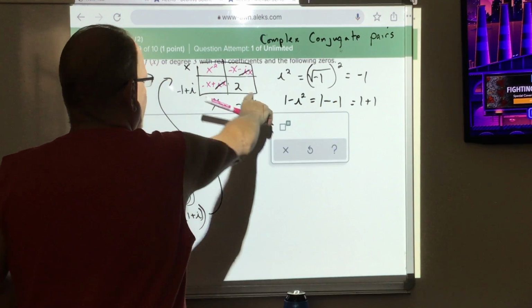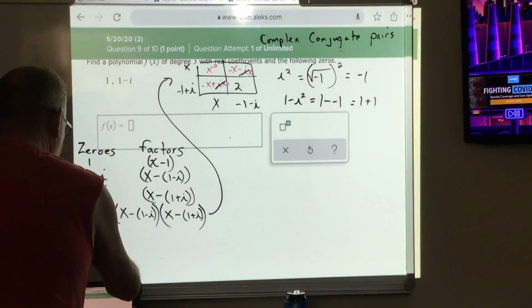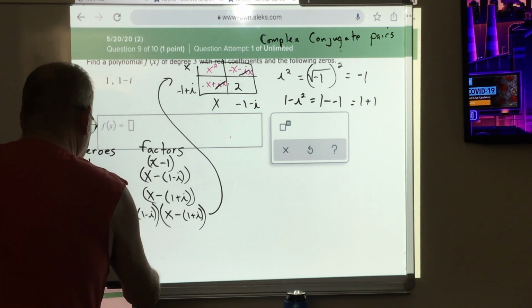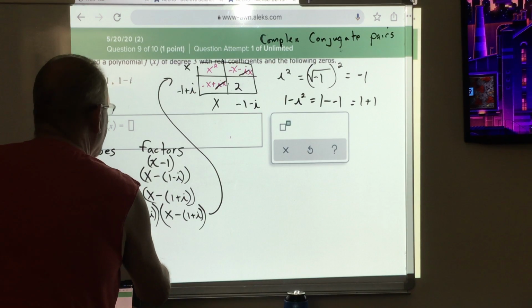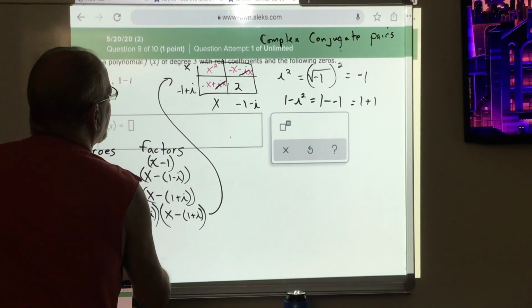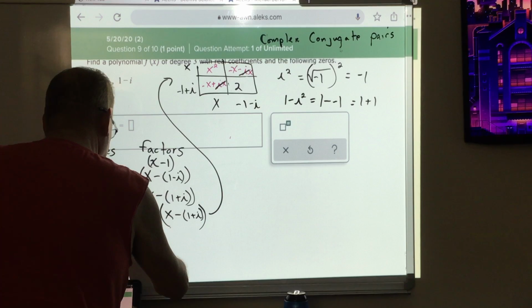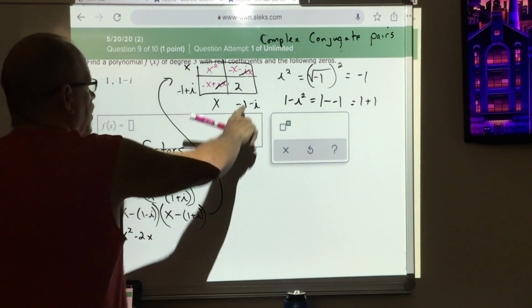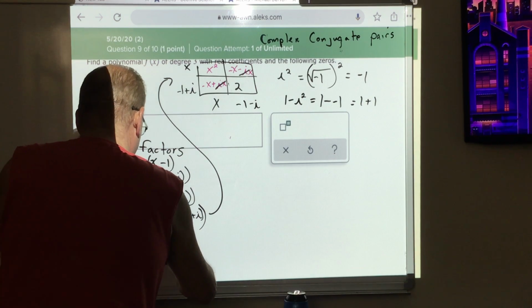So that's 2. So here now we have x minus 1 times x squared minus 2x, right? Negative x and negative x is minus 2x, plus 2.